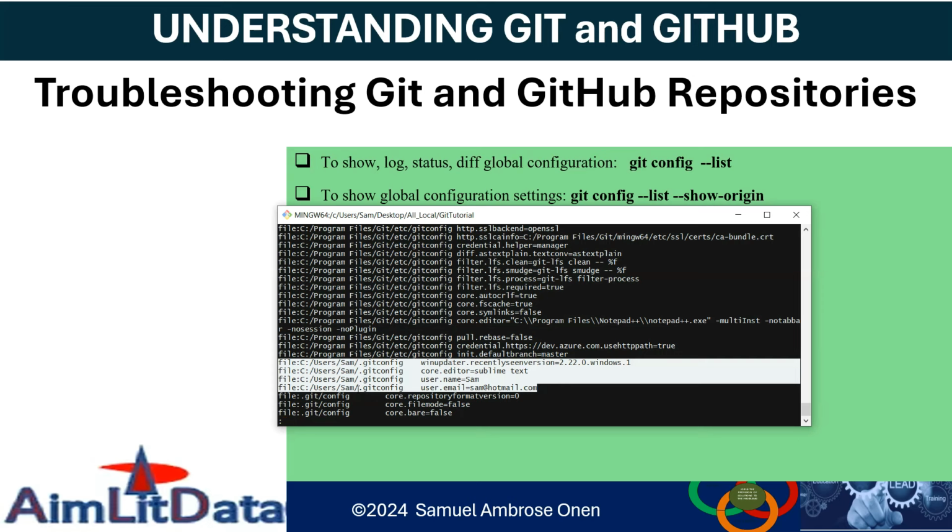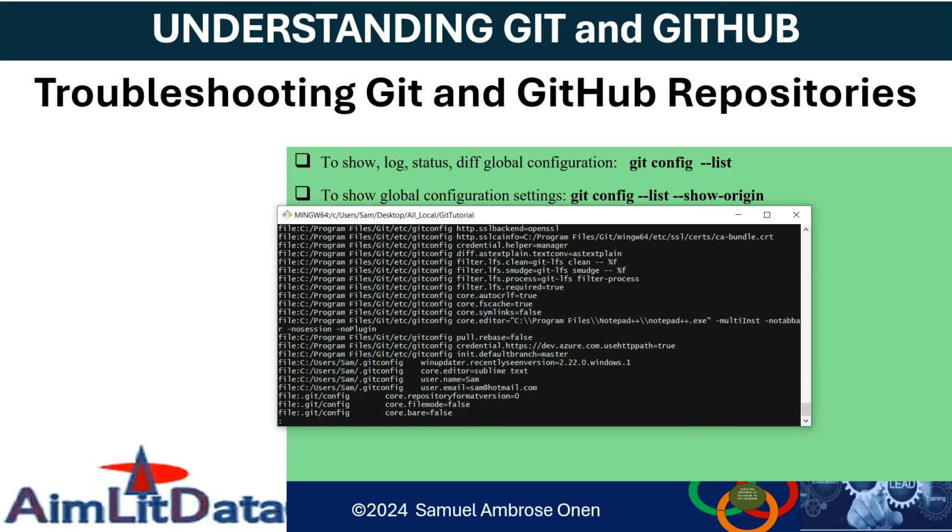So another way to identify this, instead of using this gap here, is to just see that we are one step up. From here, you see git/config, but from here we have .git config as one word and the slash came only when we are coming after the user Sam.